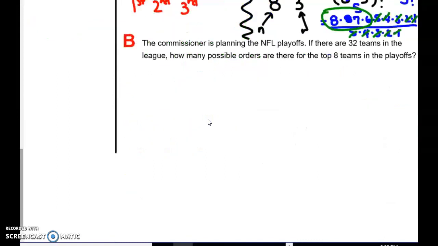Now for question B. Back to that football commissioner. It says that the commissioner is planning NFL playoffs, and there are 32 teams in the league. How many possible orders are there for the top 8 teams to finish? Because order matters, first is better than 8th, we are going to set up a permutation. So we're going to take 32 teams and choose 8 of them.